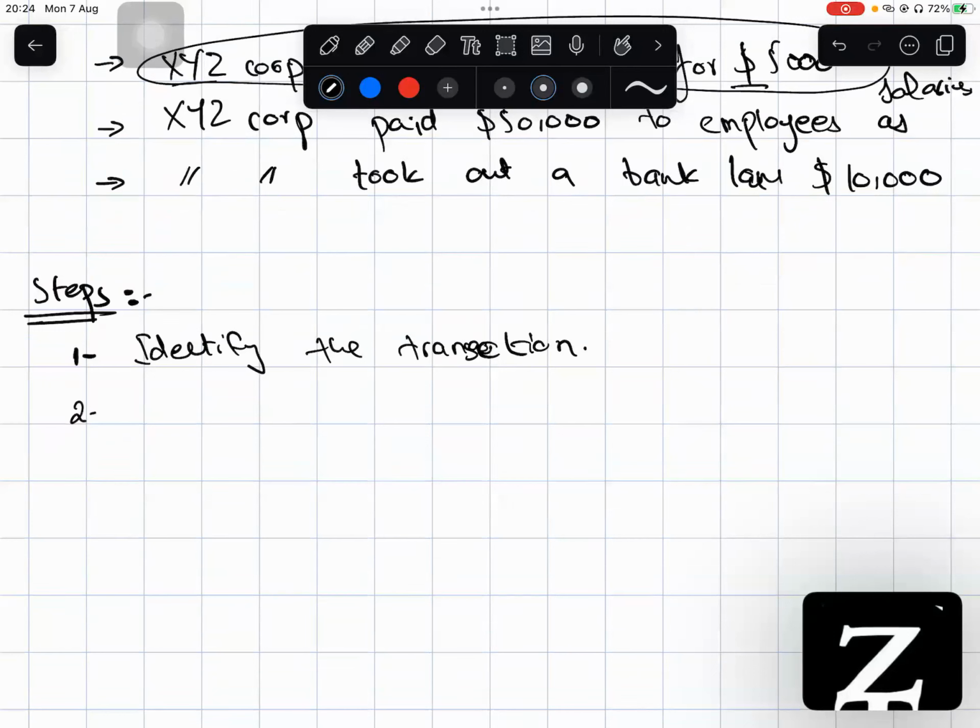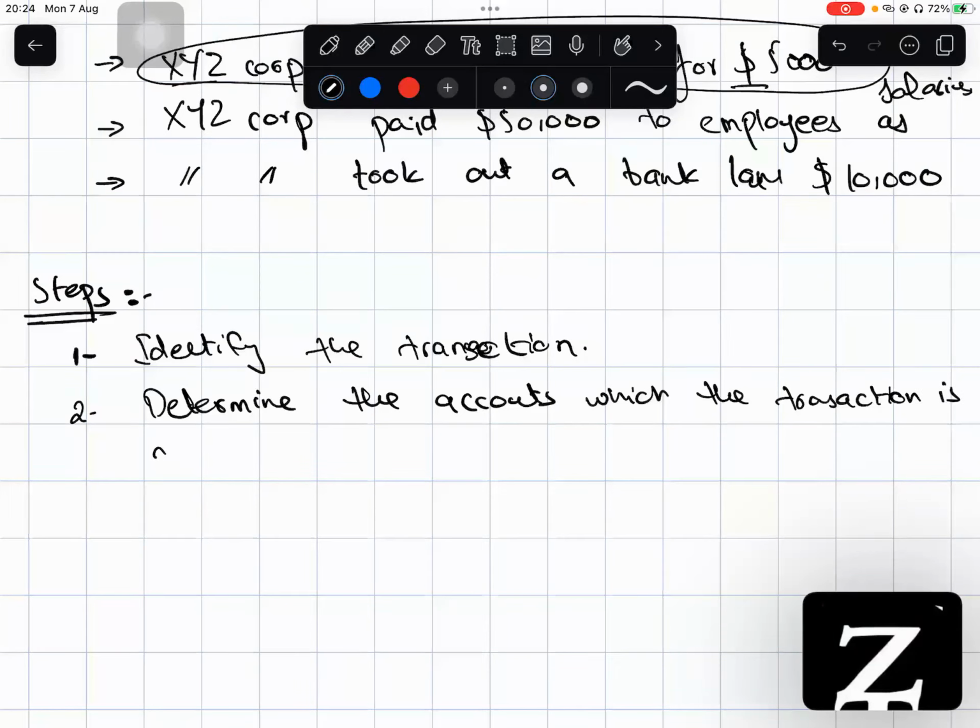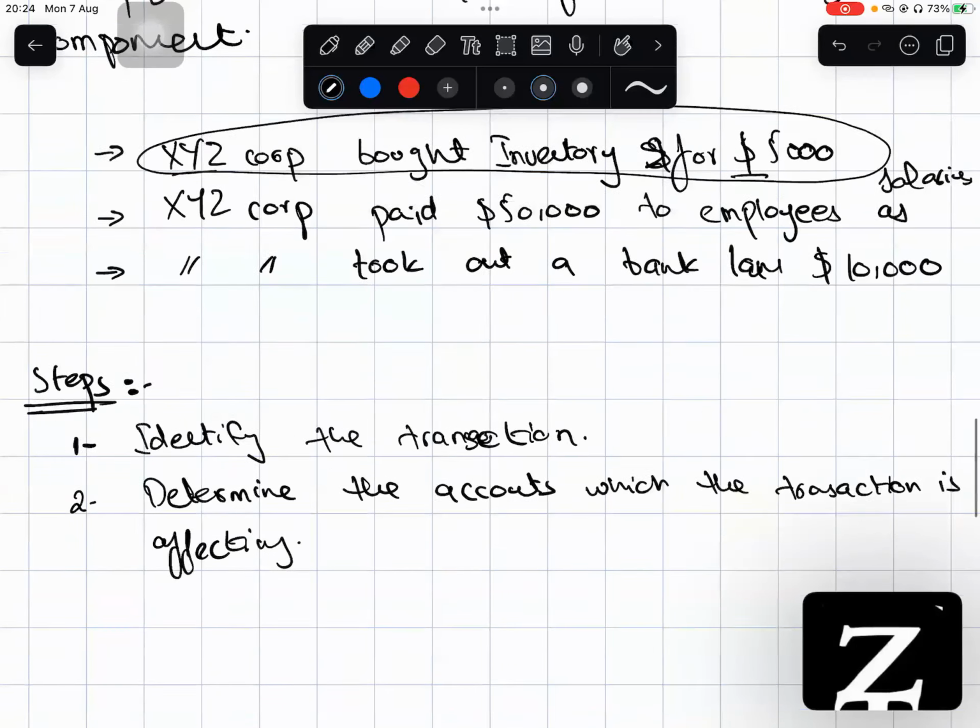Step number 2 is you need to determine the accounts which the transaction is affecting. So it's pretty basic.